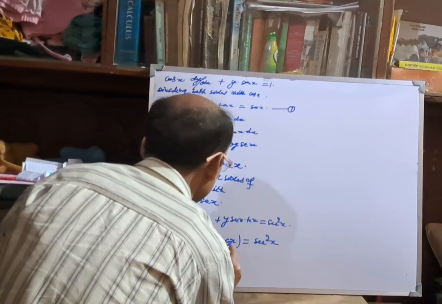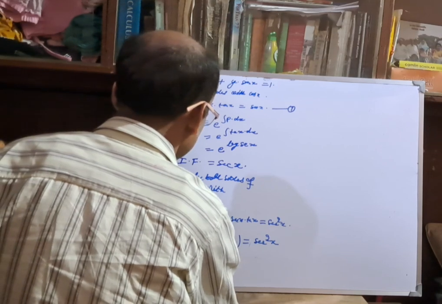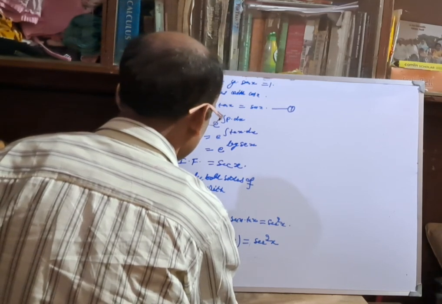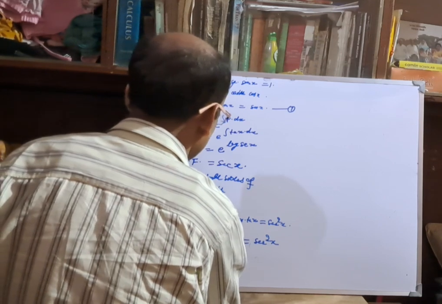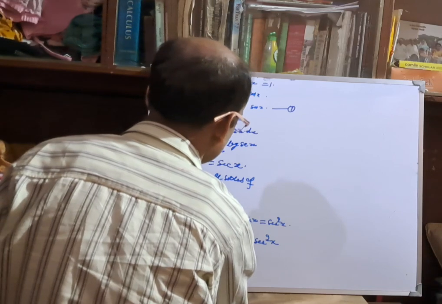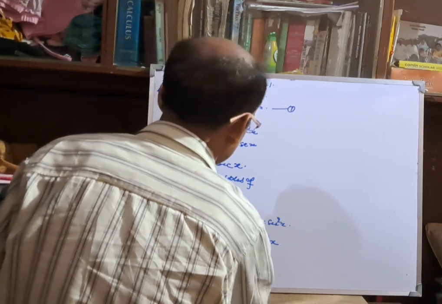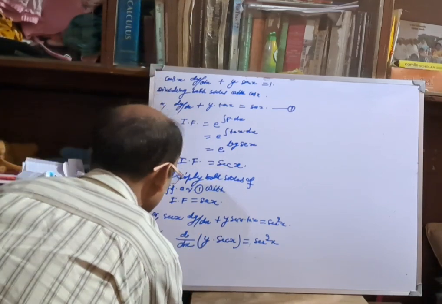If I keep y sec x fixed, then dy by dx, and if I keep y fixed, then the derivative of sec x is sec x tan x. Okay, so in this way you can understand.